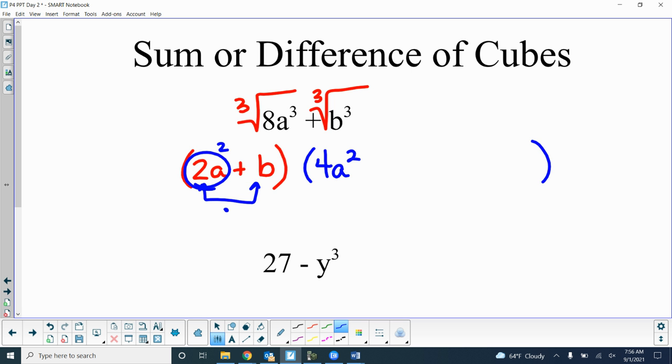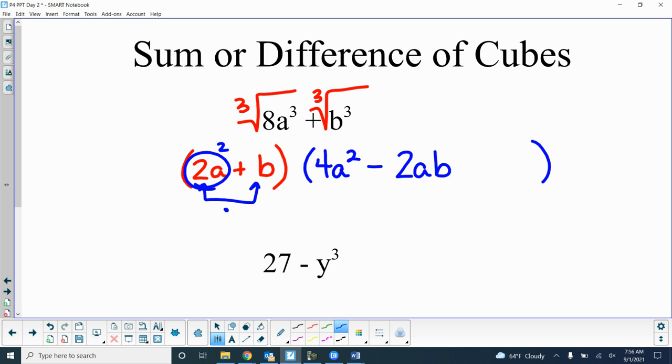What's 2a times b? 2ab. Now, pay attention. This is where kids mess up. Since this was a sum of cubes, okay, when I write my trinomial, the sign is always opposite that. So in this problem, it's going to be minus 2ab.